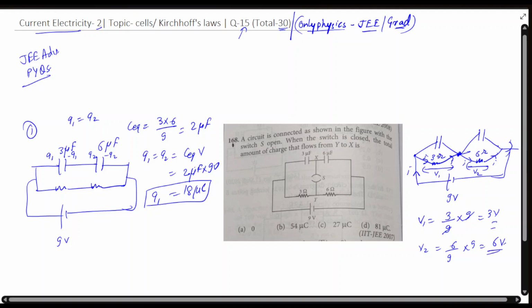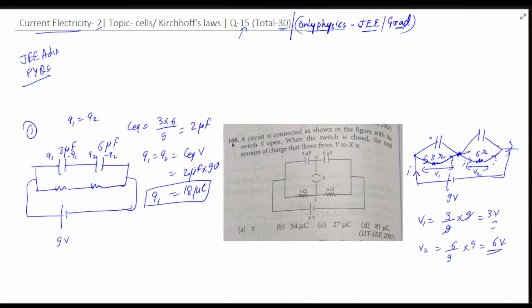If V1 is 3, then let's call the charge on the first capacitor Q1 dash. Q1 dash will be C into V, so it will be 9 microcoulomb. And Q2 dash will be 6 into 6, which is 36 microcoulomb.